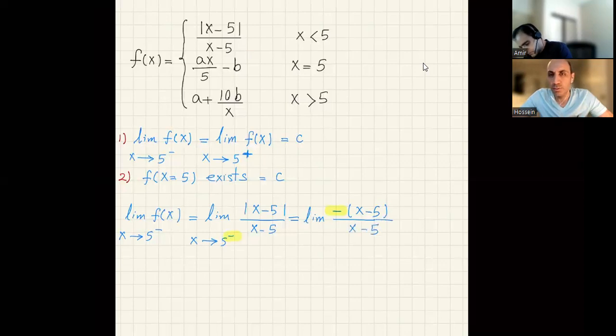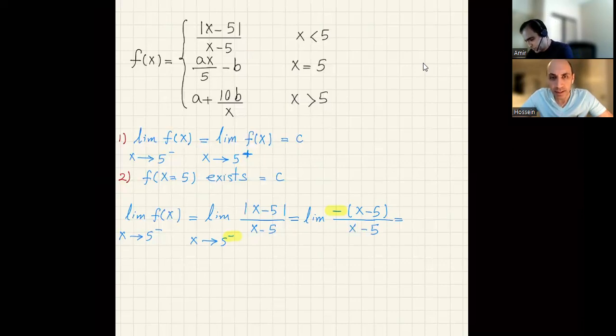I think it's going to be helpful for the viewer to visualize more easily if you can draw the function of absolute of x minus 5 on the side. Can you draw a quick sketch showing how the function looks? Sure, yeah, please help me on that.